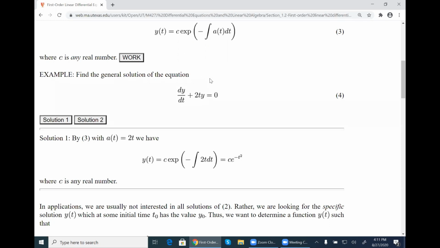This is a solution of this equation. If c is equal to 1, y of t is e to negative t squared. This is another solution. Now, important, there are no other possibilities, which means if you find any solution of this equation, it can be written as c times e to negative t squared for some c.